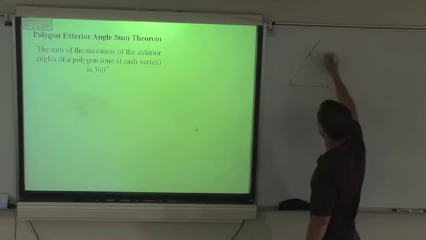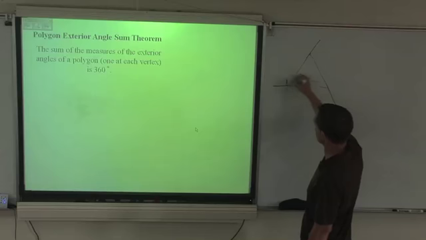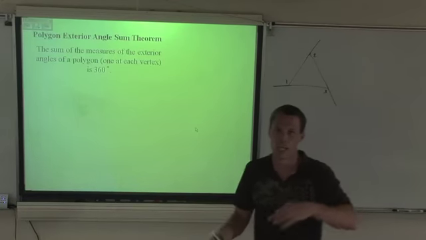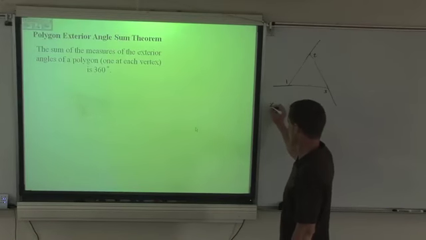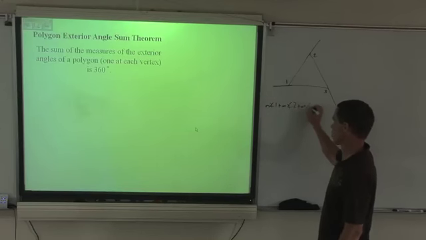If I draw this triangle here and extend these sides, here are some exterior angles. Angles 1, 2, and 3 will always add up to 360 degrees. So the measure of angle 1 plus the measure of angle 2 plus the measure of angle 3 is equal to 360 degrees.